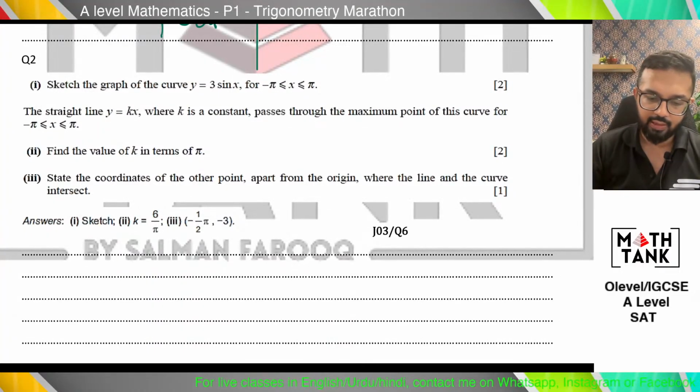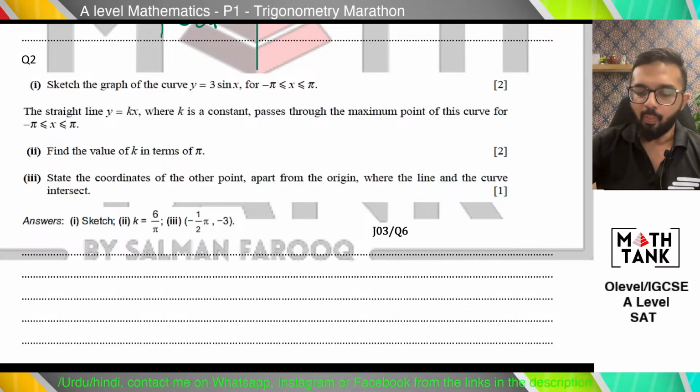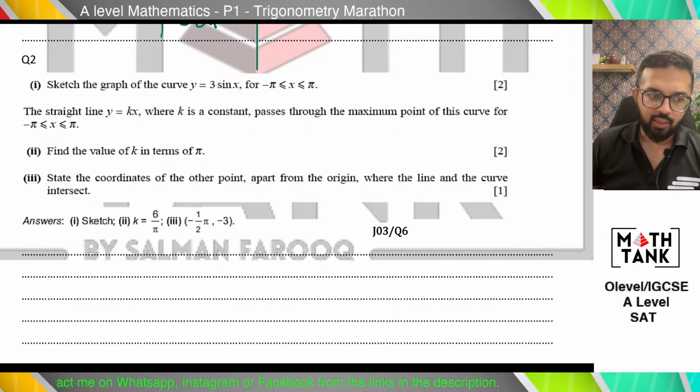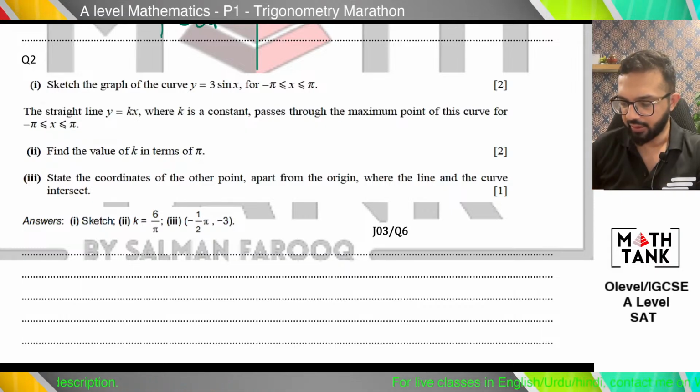The second question says sketch the graph of the curve y equals 3 sine x. My idea of sketching the graph is always to use my calculator to draw the table. That is what I'm going to do. My function is 3 sine x.